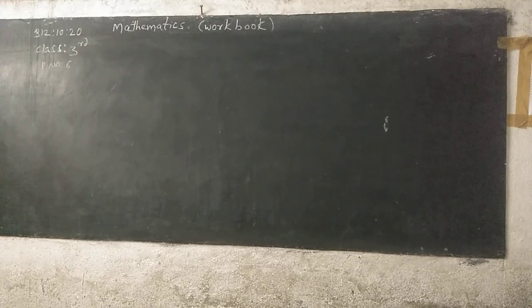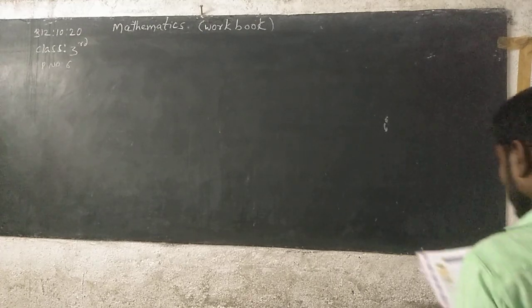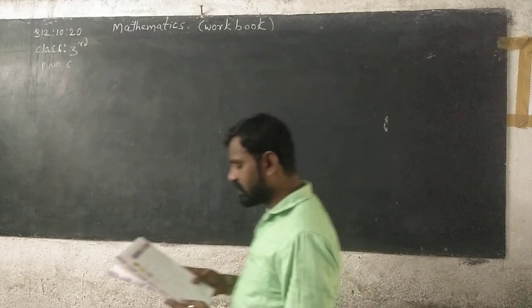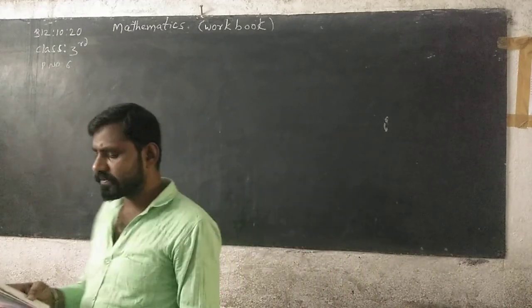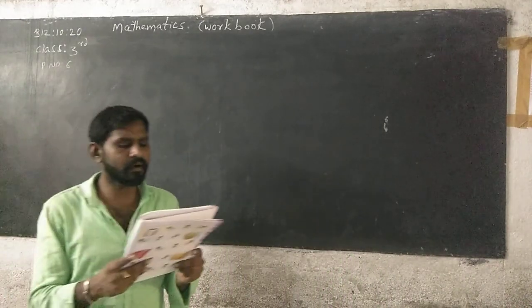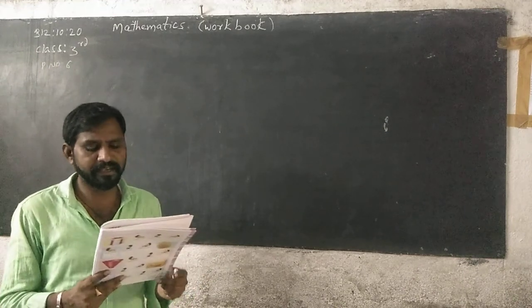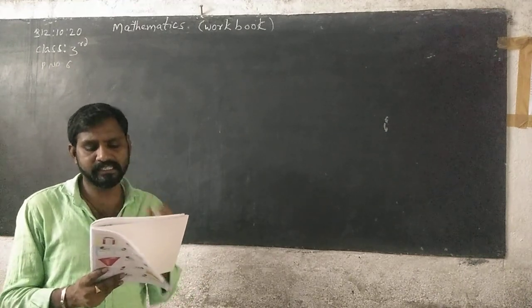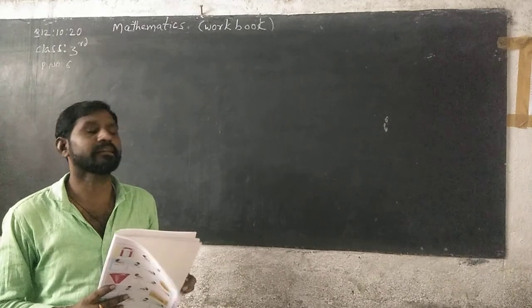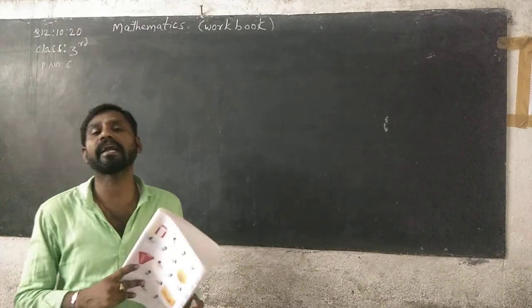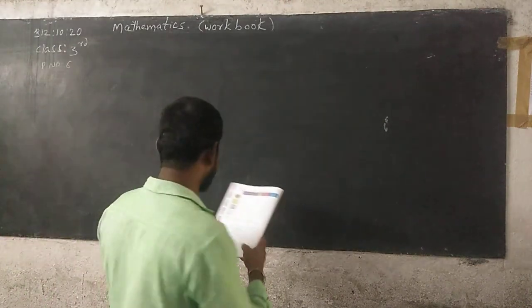Which of the following is not used to describe a solid shape? A, corner. B, face. C, edge. D, angle. D, angle.